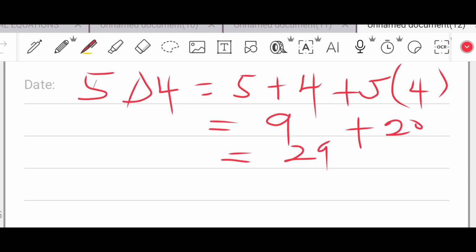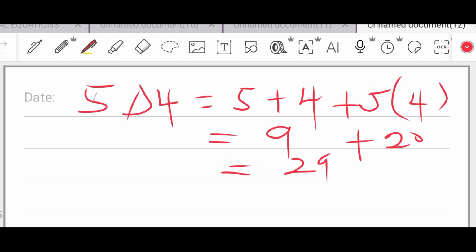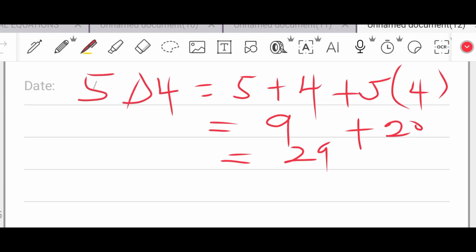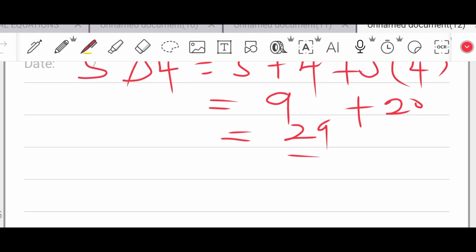And note that since this operation is a closed operation, where the answer that we get is always in the real number set, that is why the answer that we get is always a real number.